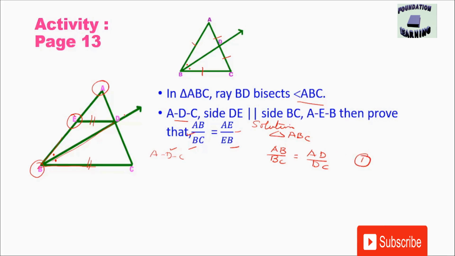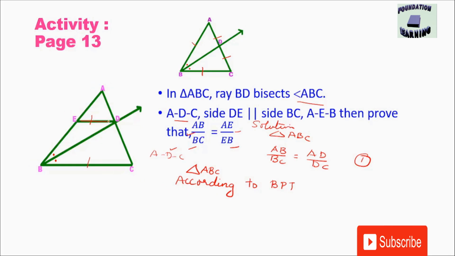The second one, we are taking again triangle ABC, and we have ED parallel to BC. So which theorem are we going to use? We are using the basic proportionality theorem. So according to the basic proportionality theorem, which sides will be in proportion?